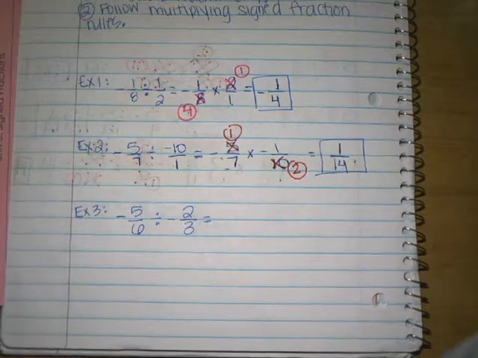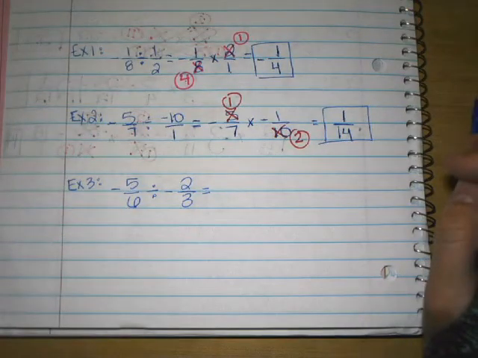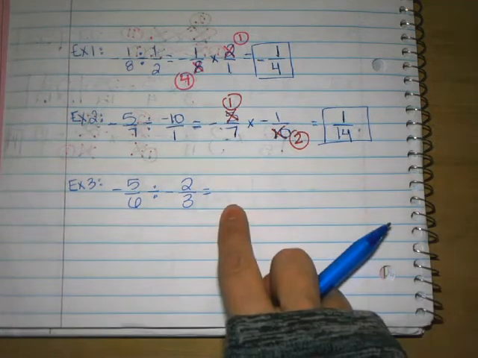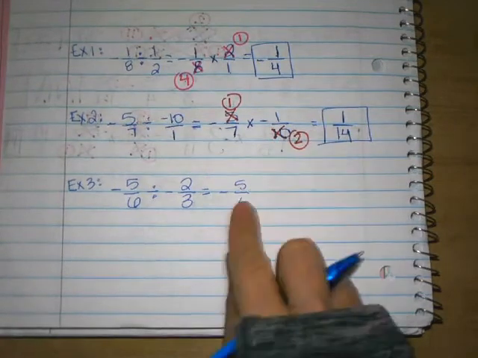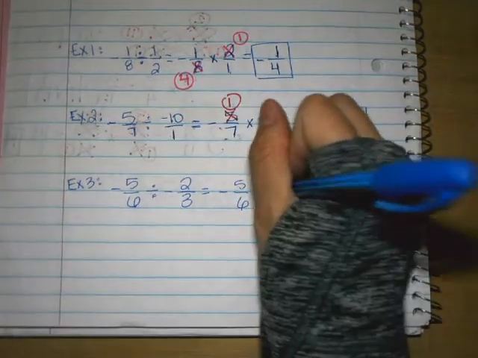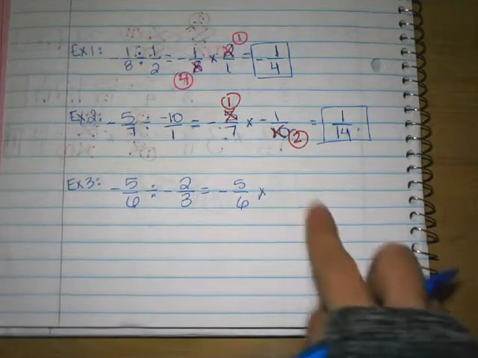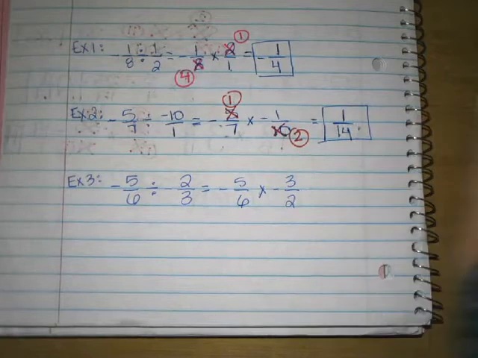Okay, first of all, what's the first thing we do? Okay, what's the first fraction? -5/6 because we need to leave it alone. What happens to that division sign? And -2/3, what happens to it? Now what?